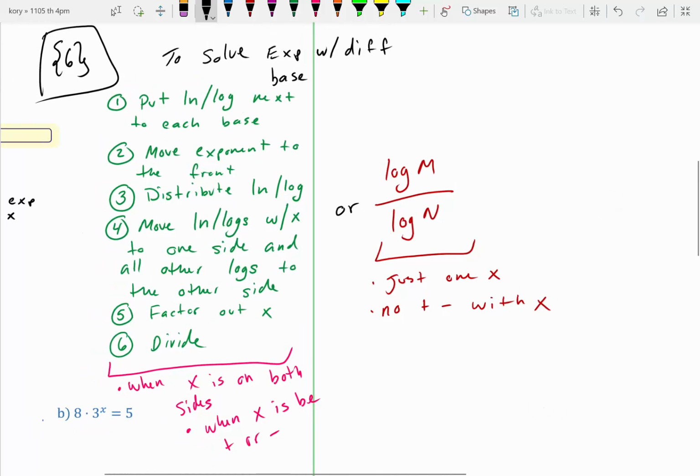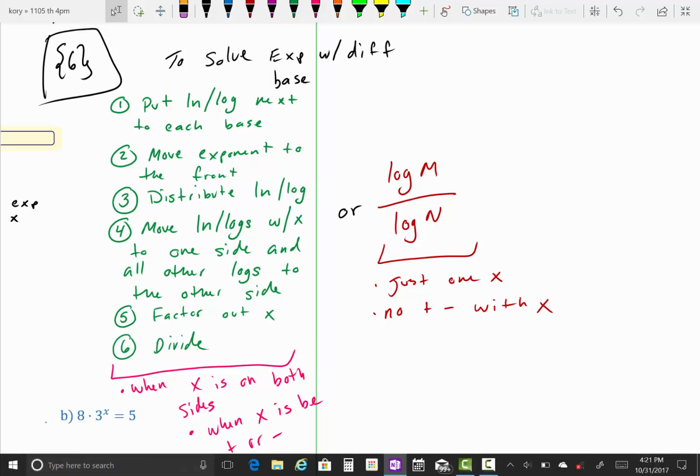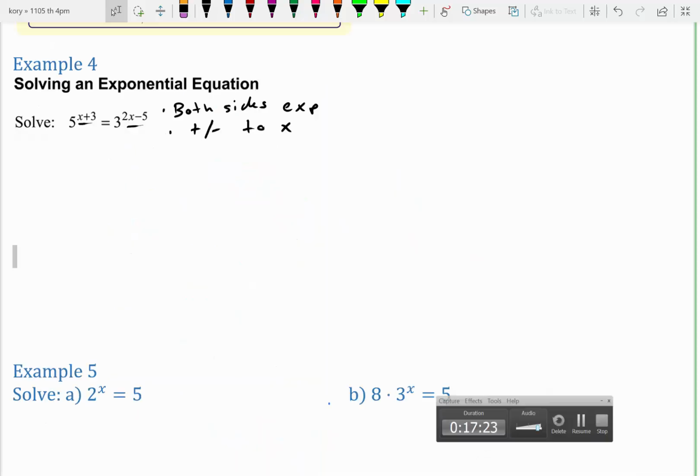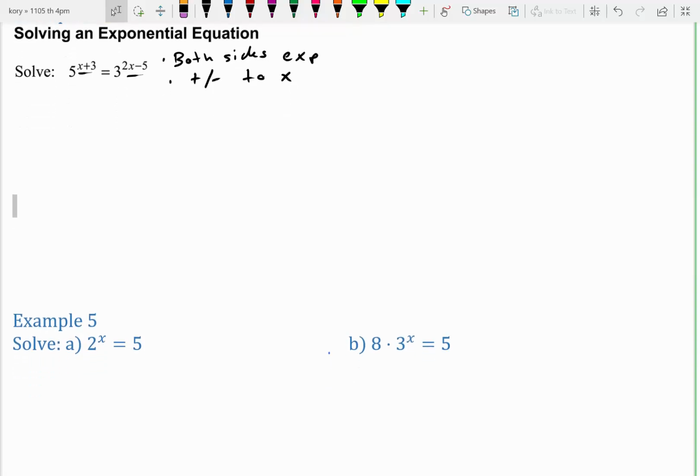And you do this to solve exponential equations with different bases. Now that you can tell the difference between examples, you'll know when to use the 6 steps or when to use the change of base formula.